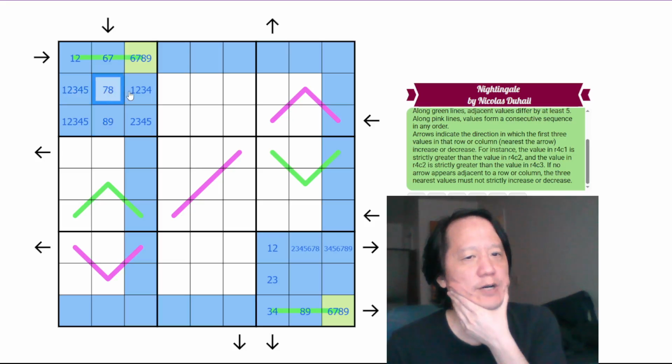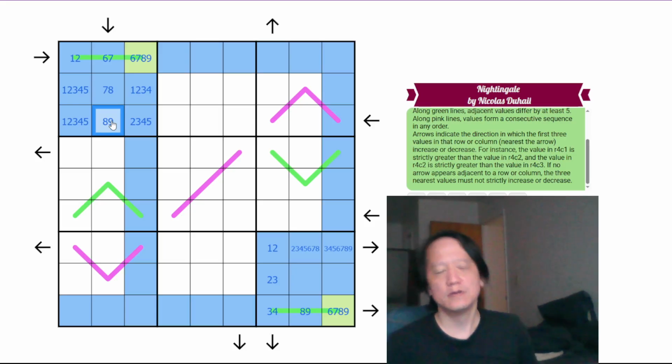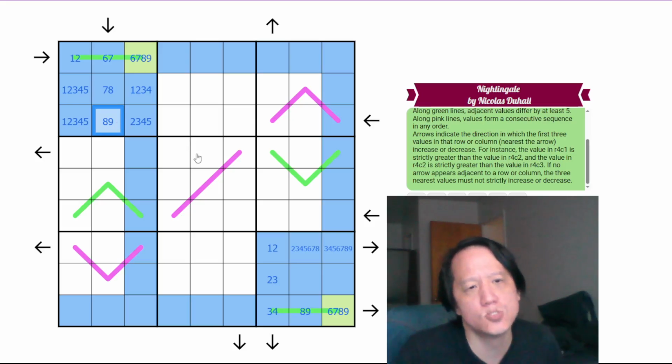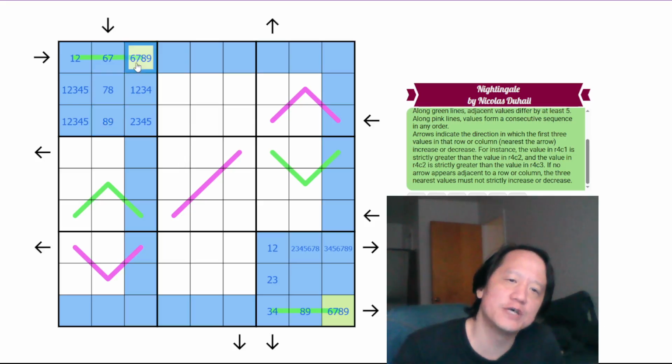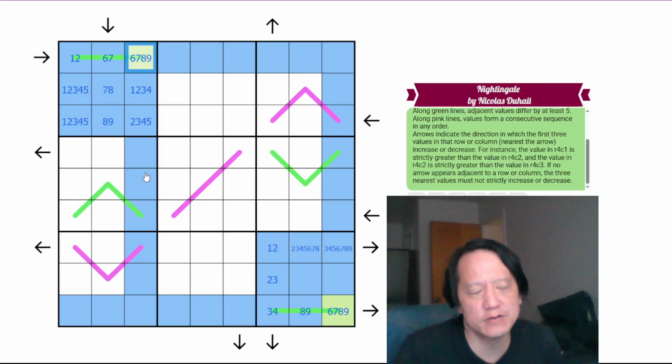This is going up and then down. That's fine. This is going up and then down. That's fine. You could go 7 then 12. That is valid. This is going down then up.